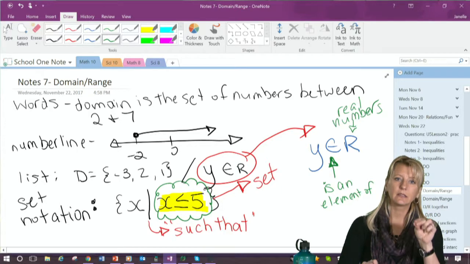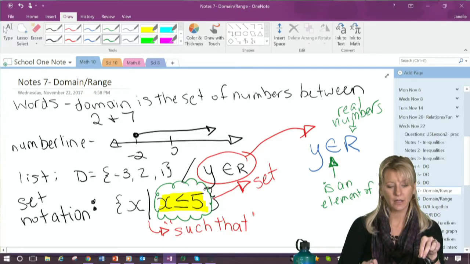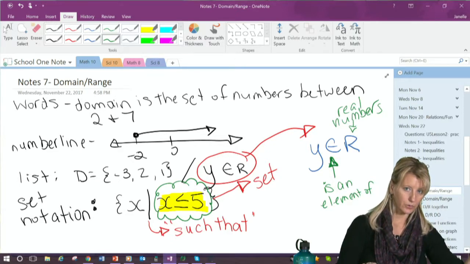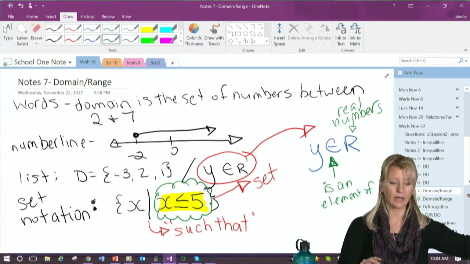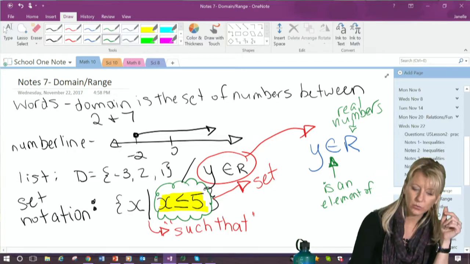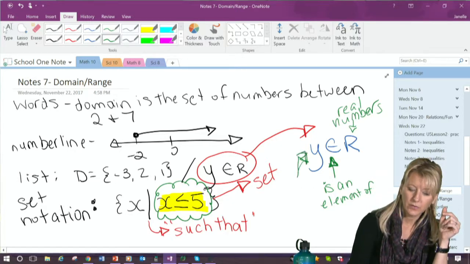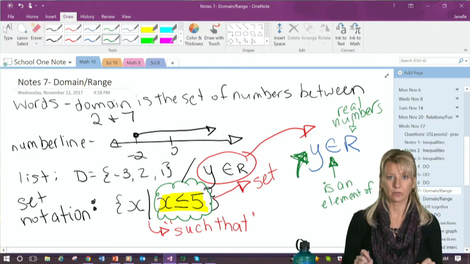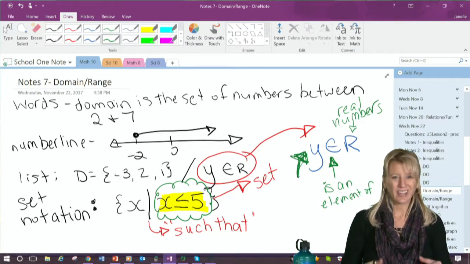It has to be less than or equal to 5. So the domain has to be less than or equal to 5. So it has to go down, 4, 3, 2, 1, 0, all that stuff. But what this one is saying is that it can be all real numbers, meaning it can be any number on the number line, as long as it's a real number, okay? So that's what that's saying.